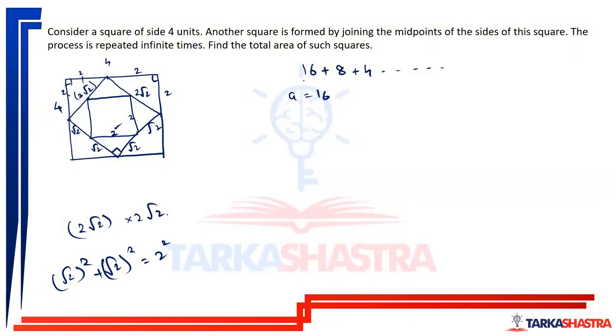So here your first term is 16, the common ratio is 1 by 2. We can find out the sum of infinite terms. It will be a upon 1 minus r, that is 16 upon 1 by 2, that is 32.